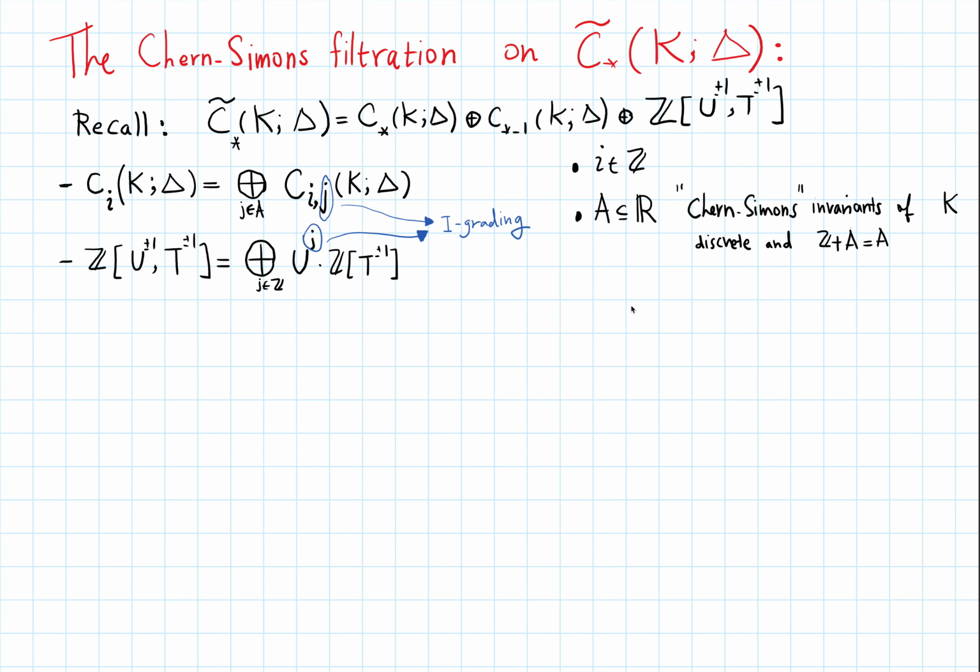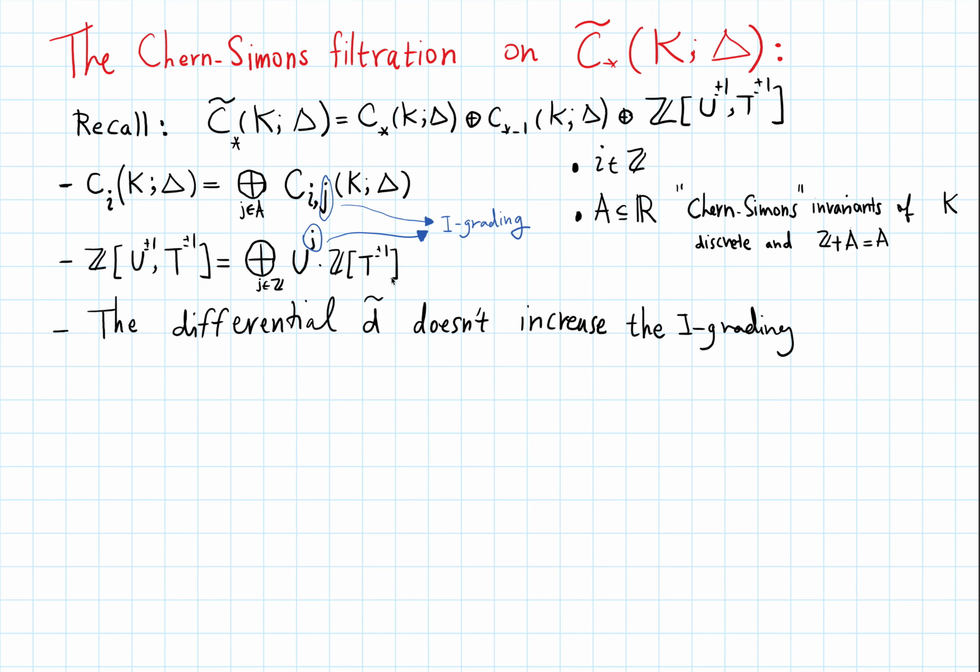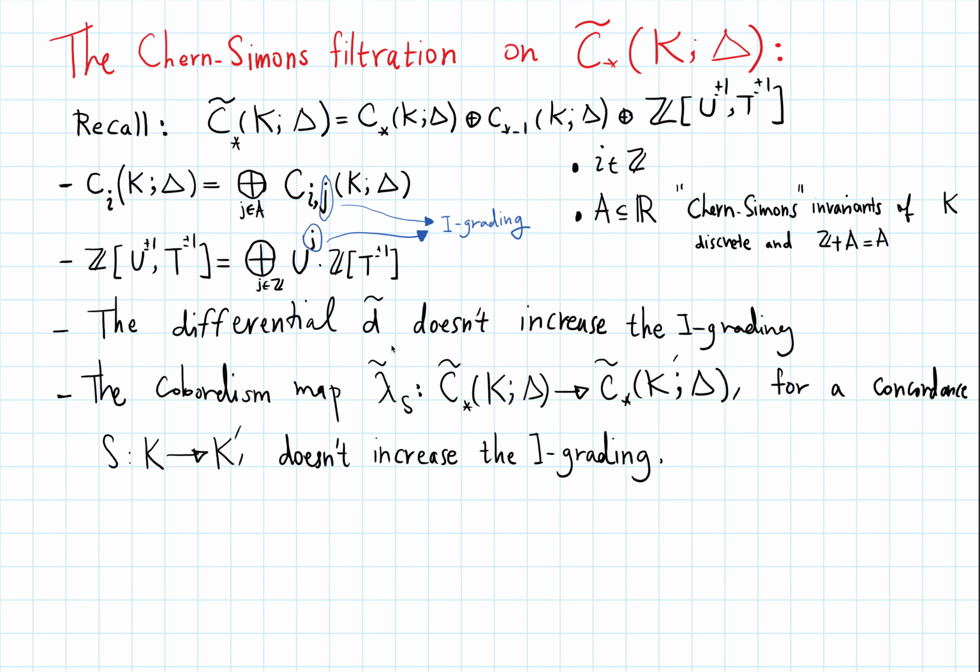Once we set up this R times Z bigrading on our S complex, we can see that our differential doesn't increase the I grading. So the differential is filtered with respect to the I grading. Furthermore, if we have a concordance from a knot K to another knot K prime, then the associated S morphism doesn't increase the I grading.